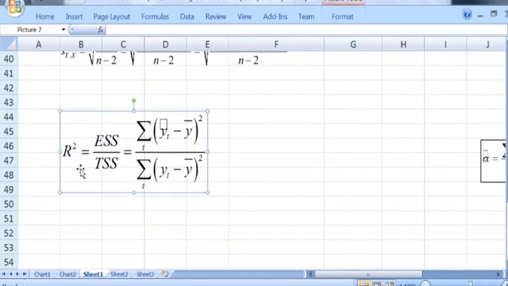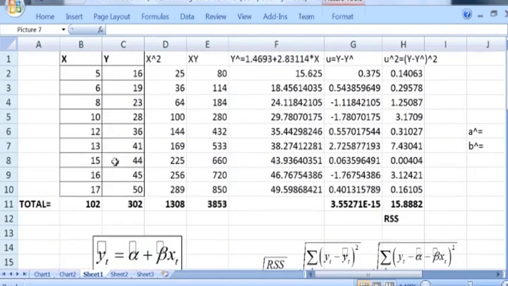So first I am going to calculate TSS, which is the summation of (yt minus y bar) whole square. We have the data on y, so first I have to calculate y bar, and then I have to subtract y bar from y. So here are the y values.